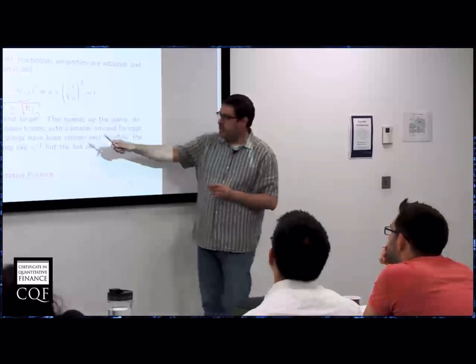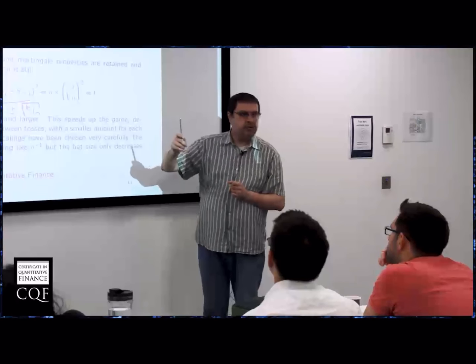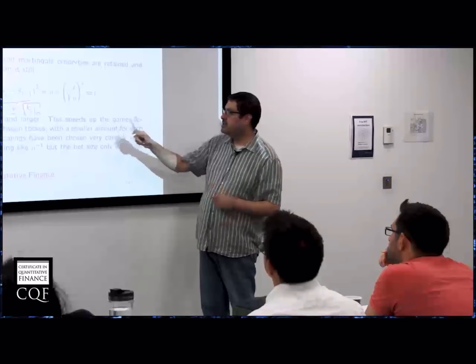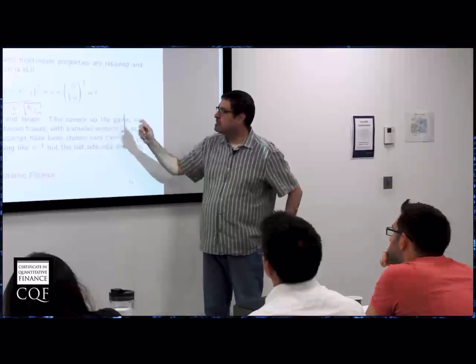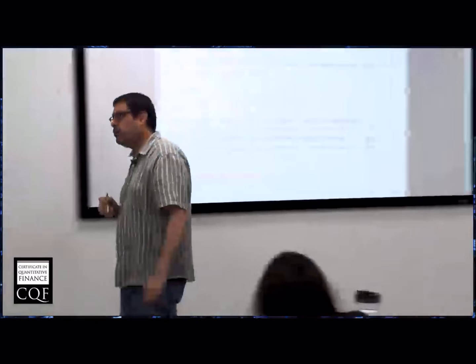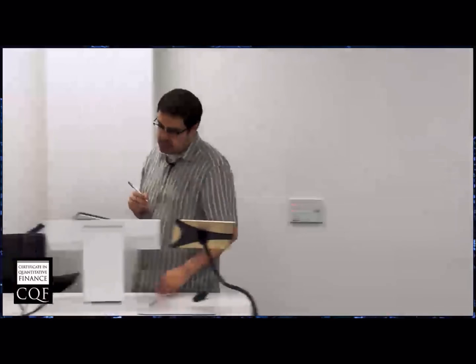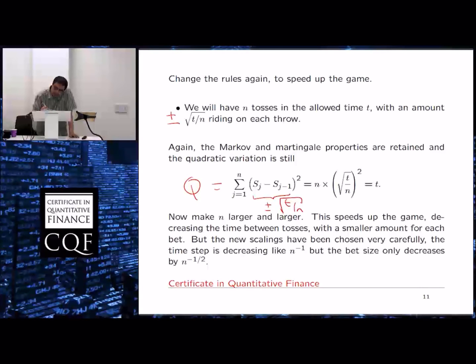So now Paul says make n larger, so in other words n tends to infinity. And this speeds up the game, decreasing the time between tosses. So we can see that what Paul says about the order, he talks about, so first of all, the time for each game is t/n. So that means that that behaves like 1/n, which is what's being said over here.